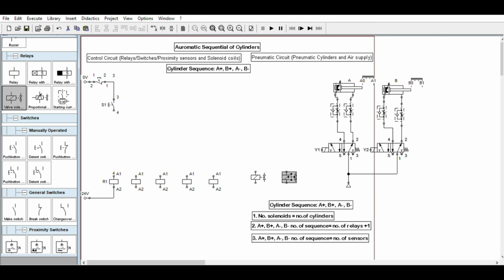We can separate the solenoids if they have different voltages. So solenoid Y1, solenoid Y2, at any level you want.